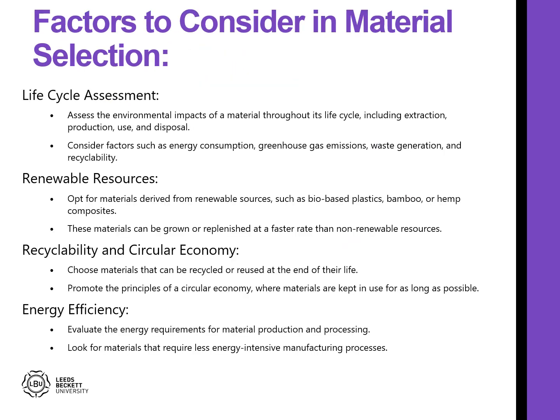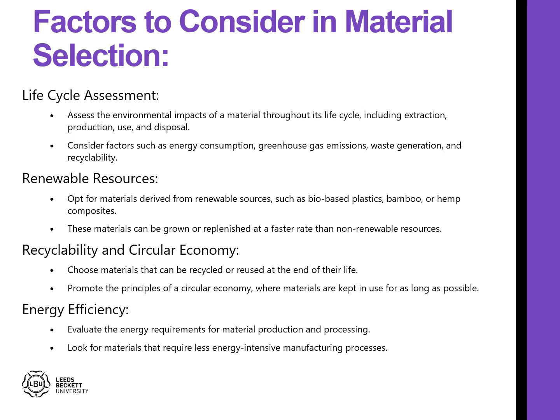So factors to consider when we're looking at material selection: it's a life cycle assessment, so assessing the environmental impacts of a material throughout its life cycle, including extraction, that beginning. Where does it come from? A lot of companies do not take this into account, and it's the bookend. They forget about where the material is sourced, and what happens at the end in the recycling process.